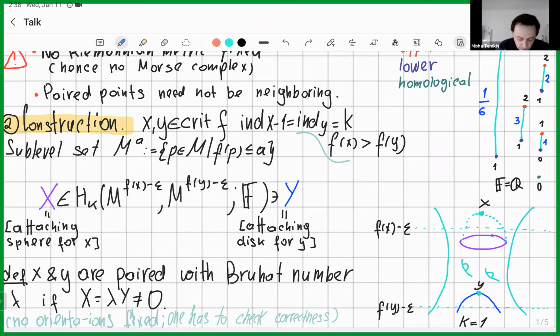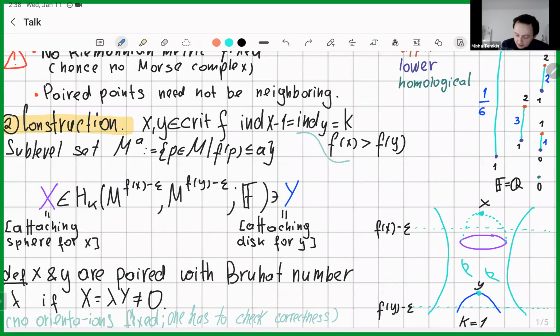Recall the notion of a sublevel set, M^a, which is defined as all the points in the manifold such that f of p is less or equal than a, where a is some real number. Now I want to consider a topological pair, which is just a pair of topological spaces, a space and a subspace. The bigger element in the pair is M^(f of x minus epsilon), where epsilon is some small number.